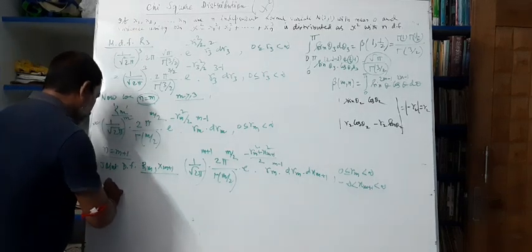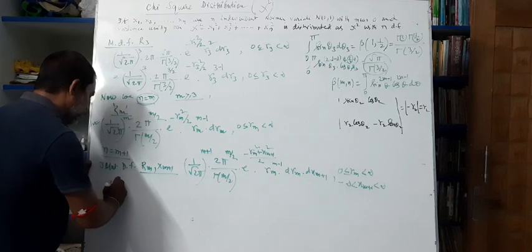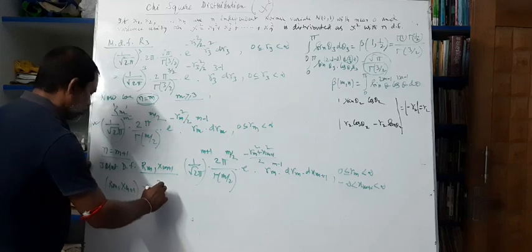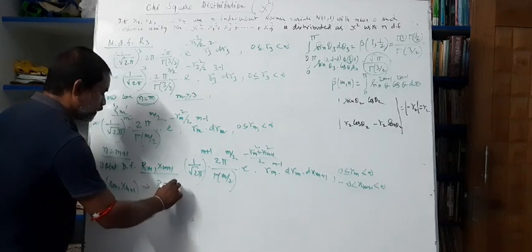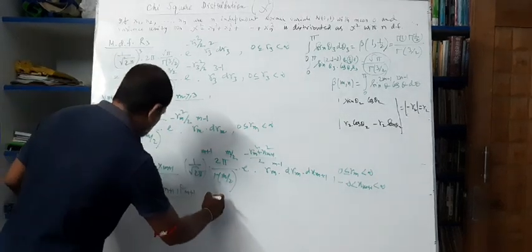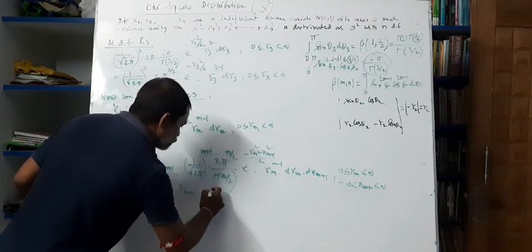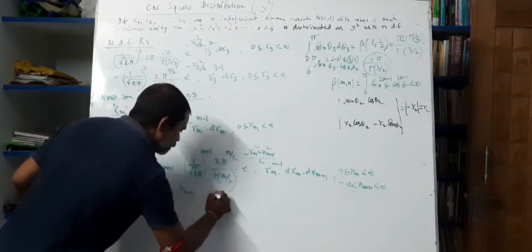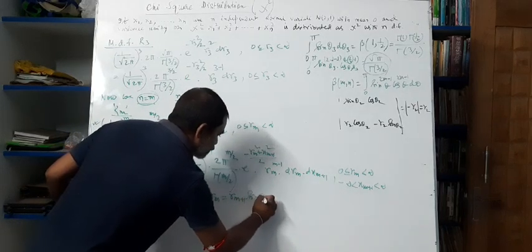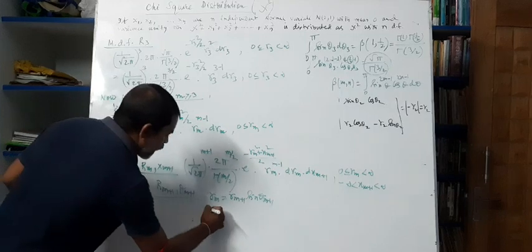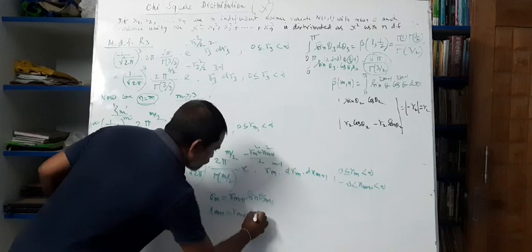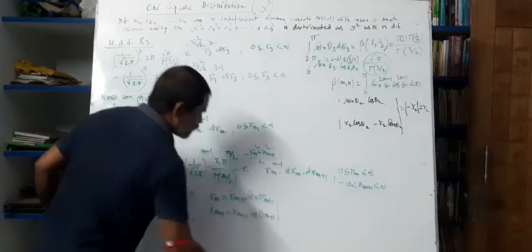Now using the polar transformation from Rm and xm plus 1 to Rm plus 1 and theta m plus 1, which is in particular Rm equal to Rm plus 1 sine of theta m plus 1 and xm plus 1 equal to Rm plus 1 cos of theta m plus 1.